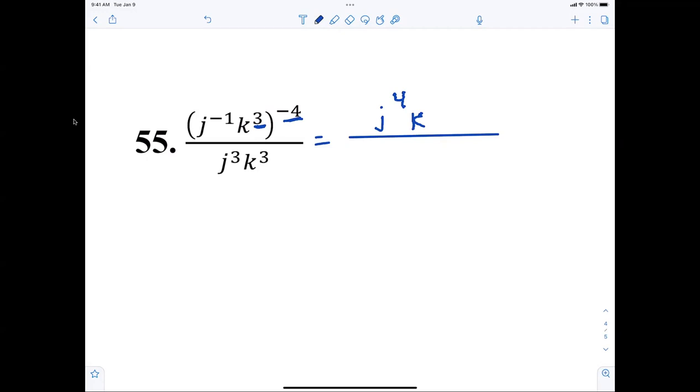Why are you not saying -4? No, Oliver, what's the rule? Power to a power, what do you do? Multiply. So what is it? -12. 3 times 4 is 12. It's negative 12, Oliver. But I was going crazy for a second.